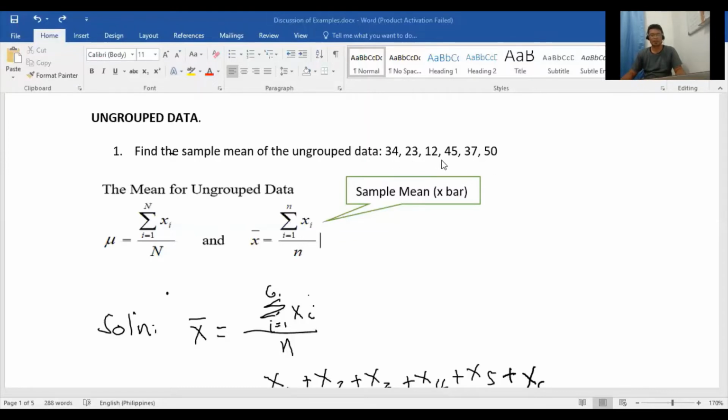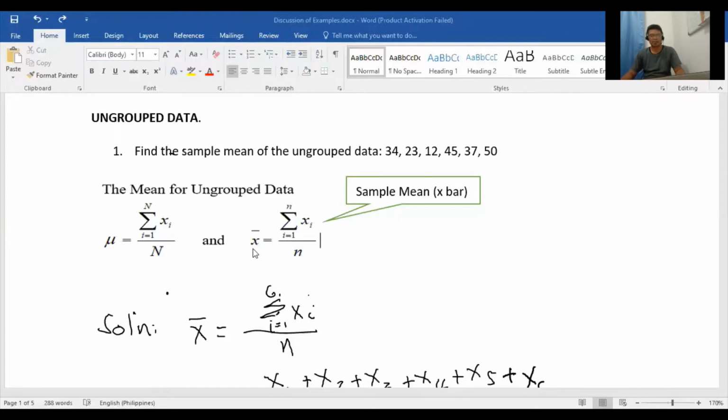For example, we have the set of data given here: 34, 23, 12, 45, 37, and 50. We have here the formulas for the average or the mean, the sample mean, and the population mean. But we focus on the sample mean.